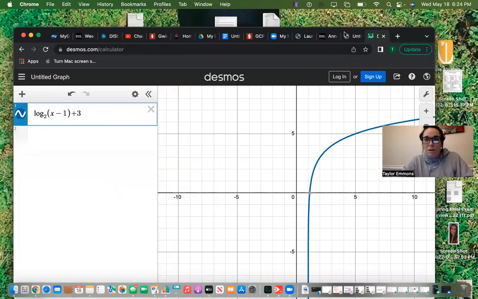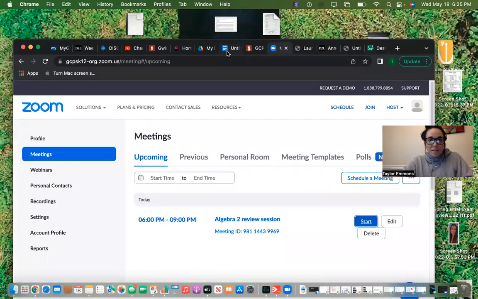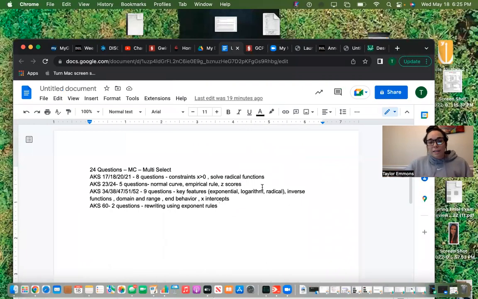One thing that we talked about earlier that I just kind of want to mention to y'all is here's kind of the breakdown for the final exam. So again, there's 24 questions, multiple choice, and then there's a few that are multi-select. These are the different AKS. So you'll have 17, 18, 20, and 21. So that's solving radical functions, doing constraints. 23 and 24, there's 5 questions.